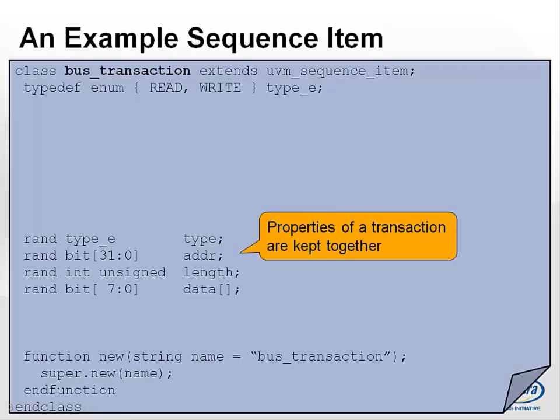You can see here that for a bus transaction, I can group together the properties of that transaction, the address, the data, as well as metadata information, things that aren't really visible on the bus, like the length, perhaps, and a transaction type. I can say if this is a read transaction or a write transaction.